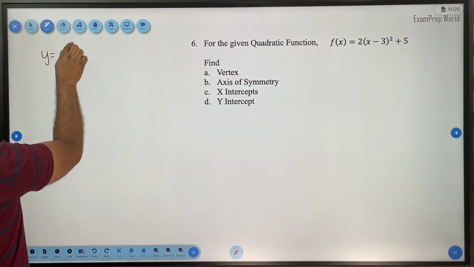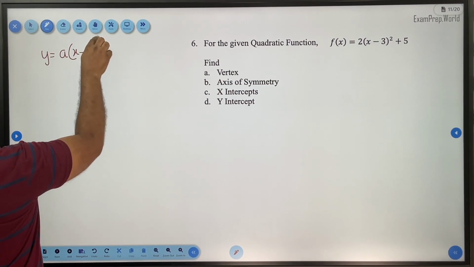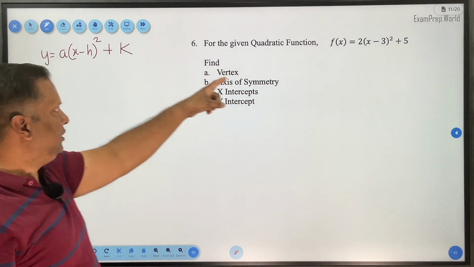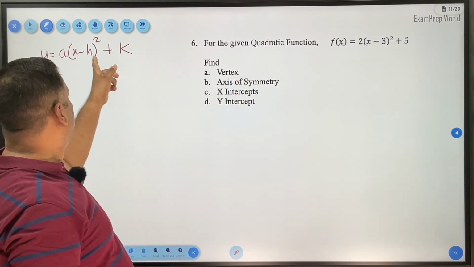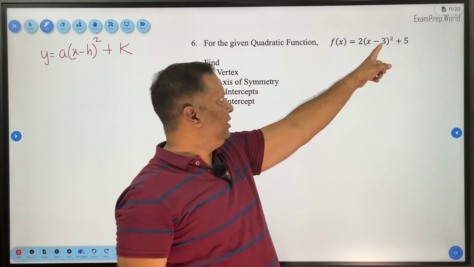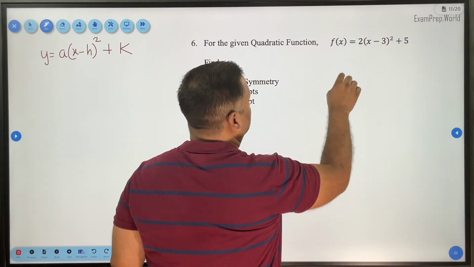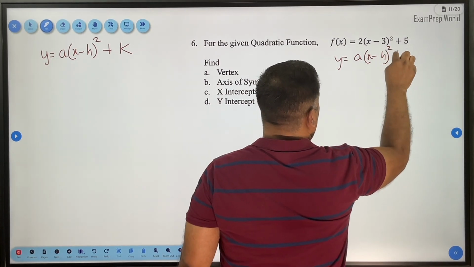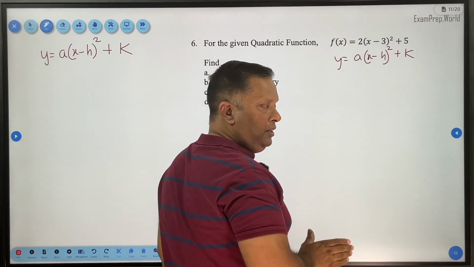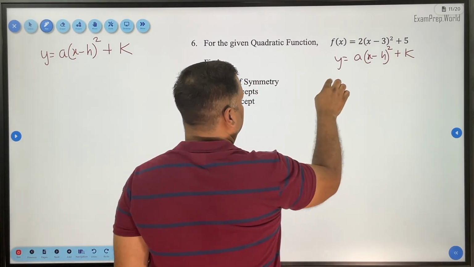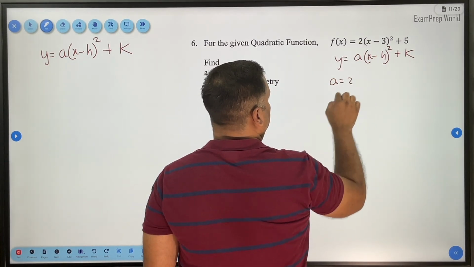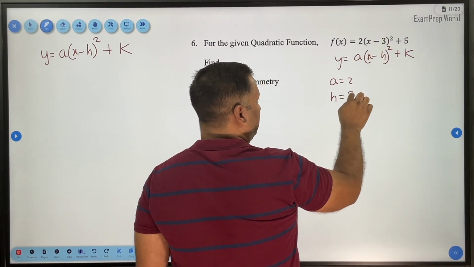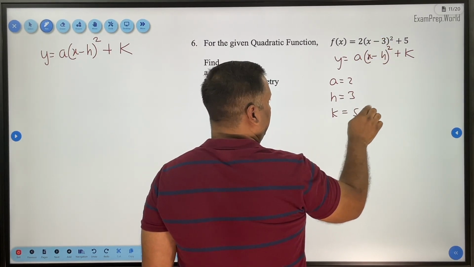y equals a(x minus h) whole square plus k. Here, if you see, a is 2, negative h is negative 3, therefore h is 3, and k is equal to 5.